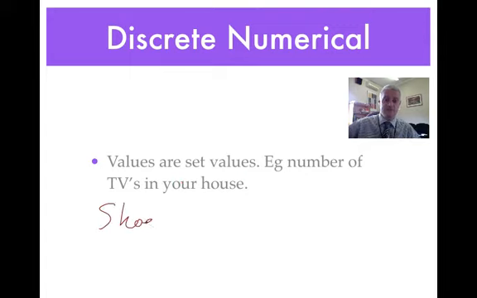You can only have size 1, 2, 3, 4, etc. Yes, I know you're thinking you can have size 5.5 shoes, but you can't have size 5.26359 shoes. So the numbers are very clearly defined. They're set values, and normally they're whole numbers, like the number of television sets in your house.